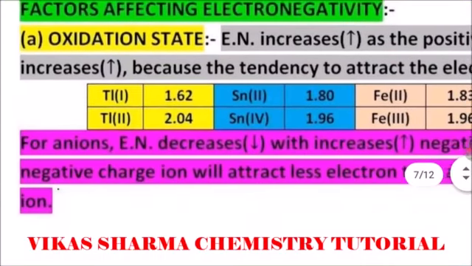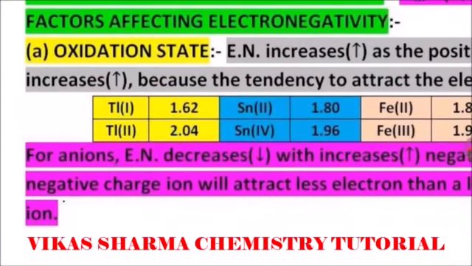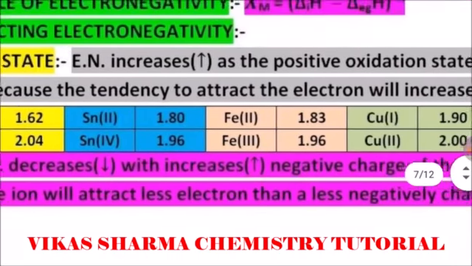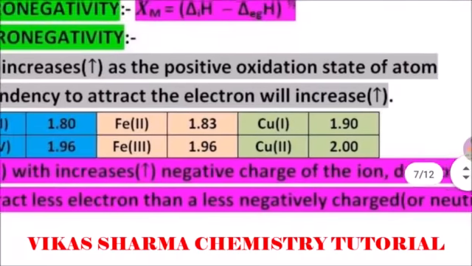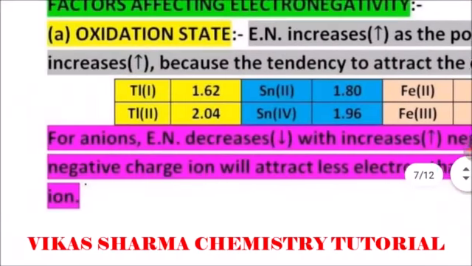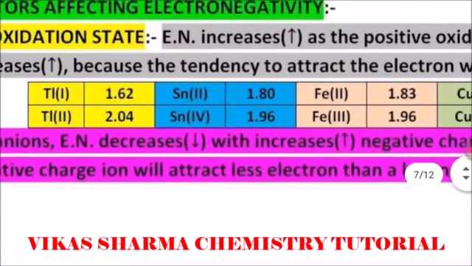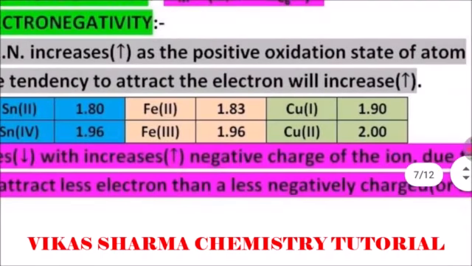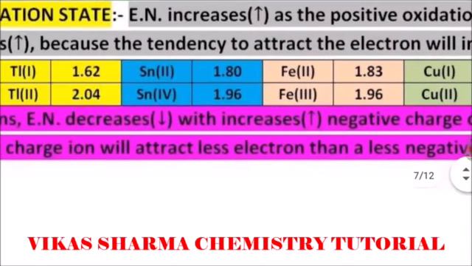So what are the factors that affect electronegativity? First one, oxidation state. Electronegativity increases as the positive oxidation state of an atom increases, because the tendency to attract the electron will also increase.